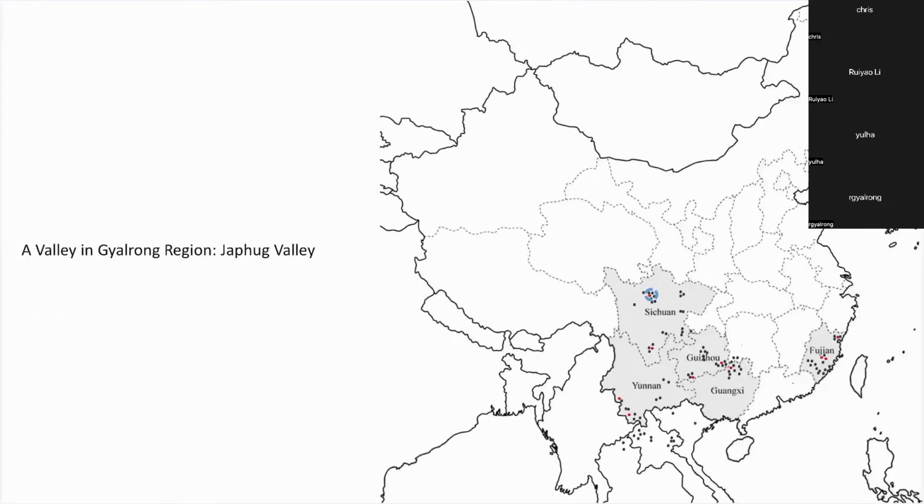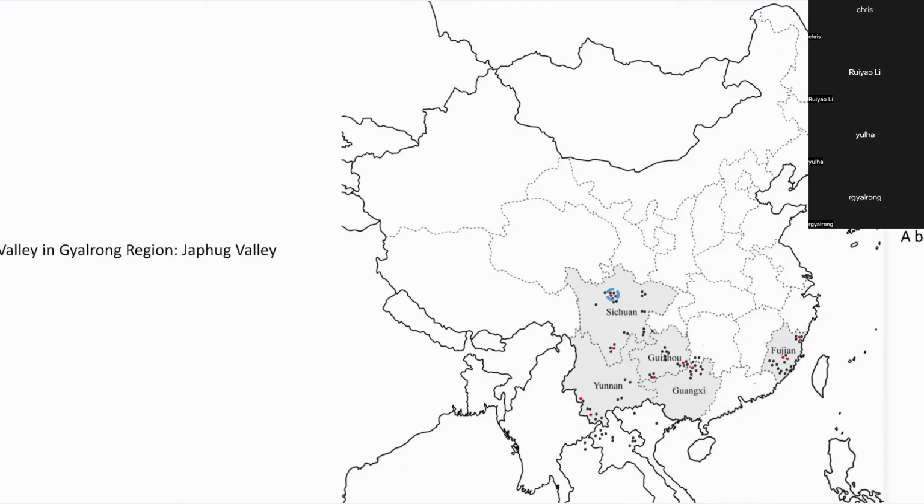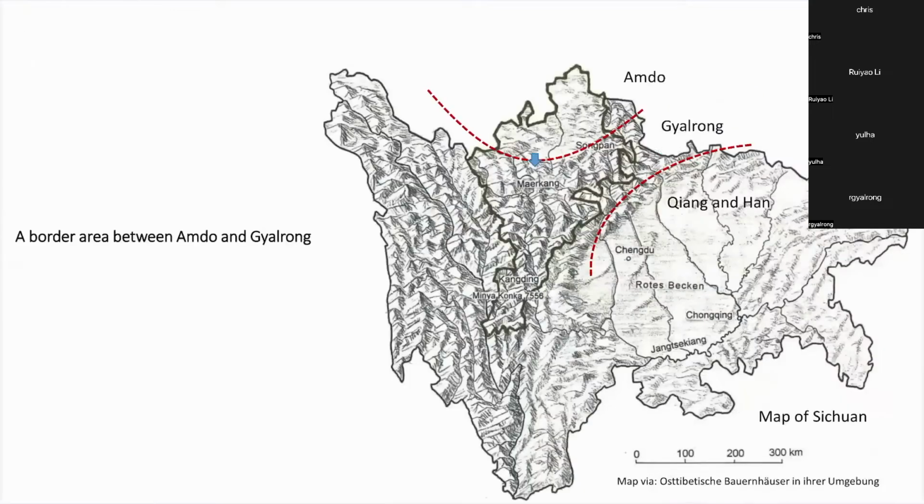It is a very special valley in the Gyarong region, Japhug Valley. I don't know whether I pronounce it right. This is a border area between the Amdo area and the Gyarong area.